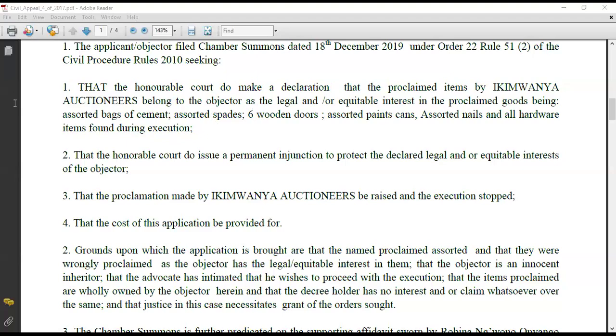Drafting is a skill which you must do practically for you to perfect. So the interpleader application is guided by section 58 and Order 34.